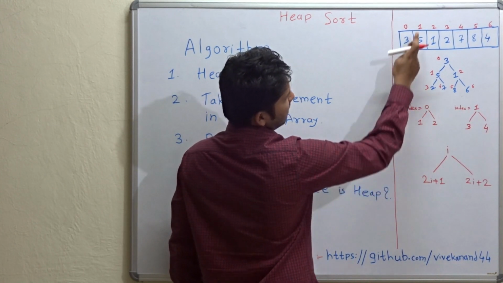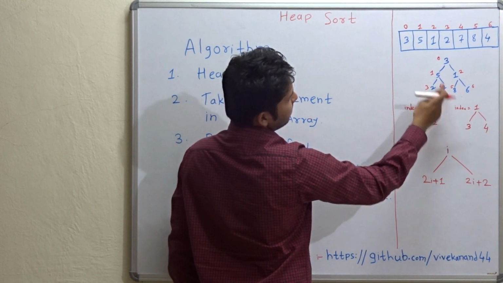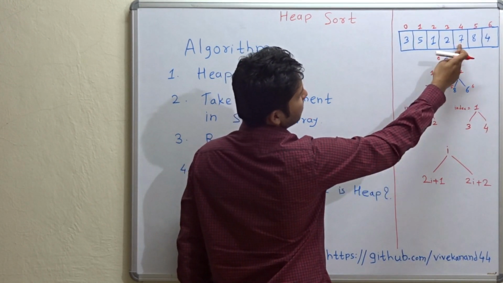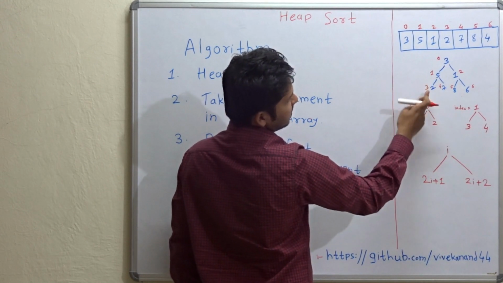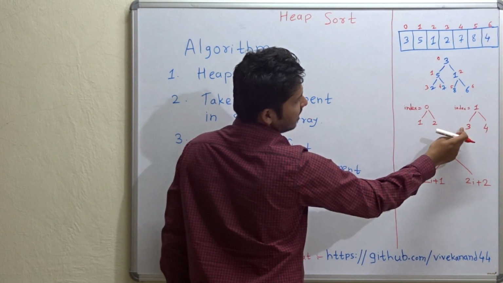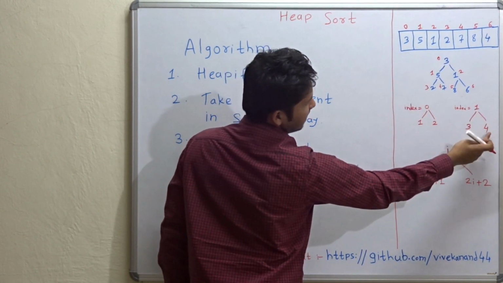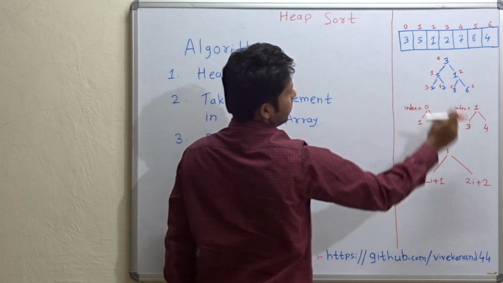Similarly, for index 1, 5, its children are 2 and 7. Its left child is 2 and 7. So their positions are 3 and 4. Means for index 1, its left child is at position 3 and right child is at position 4.